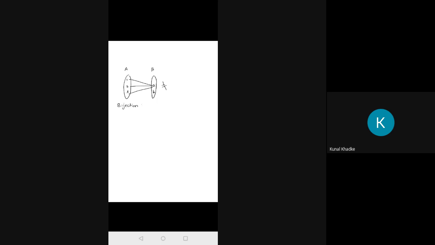Bijection. What is the definition? A function. Now tell me the condition for this function.